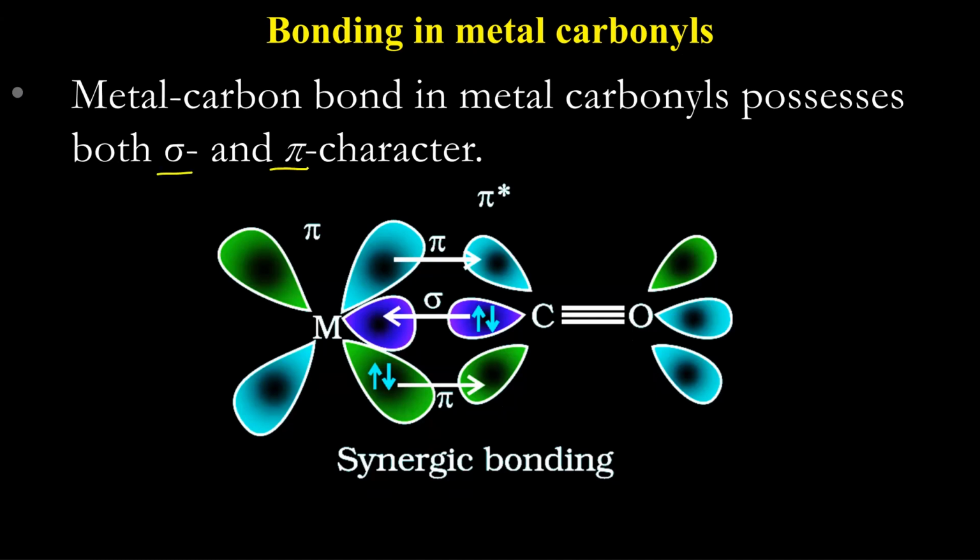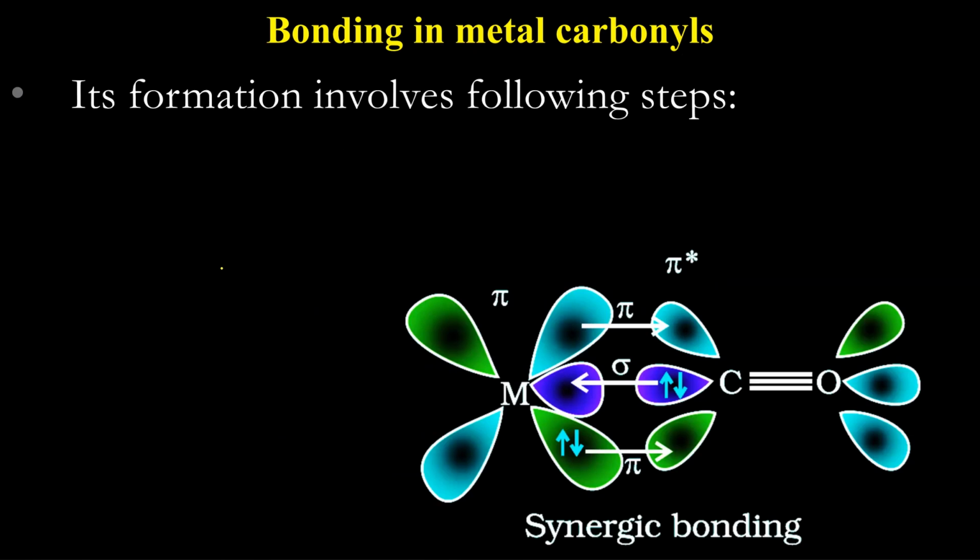How is the sigma bond formed? You have carbon here. Carbon has 1s2, 2s2, 2p, 2p. Its formation involves the following steps.